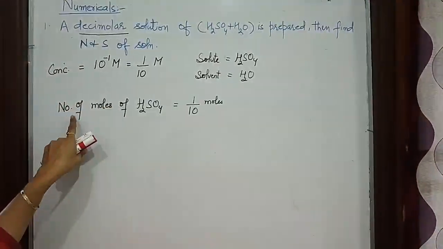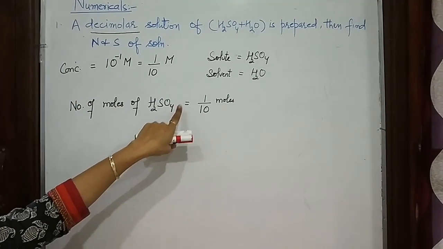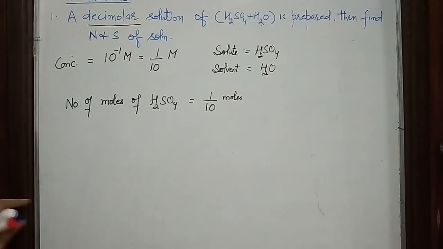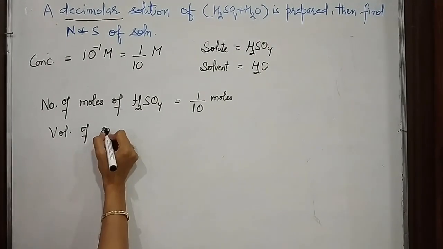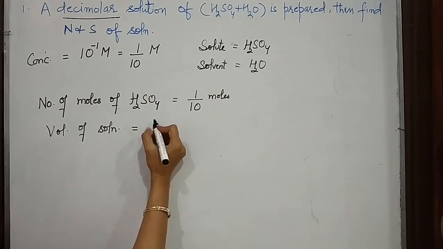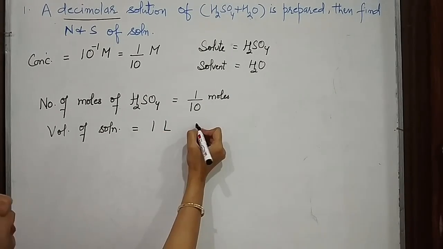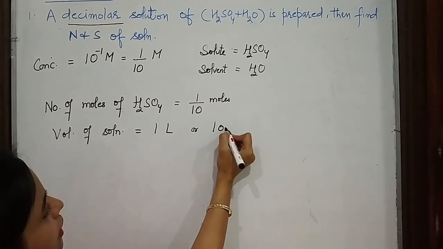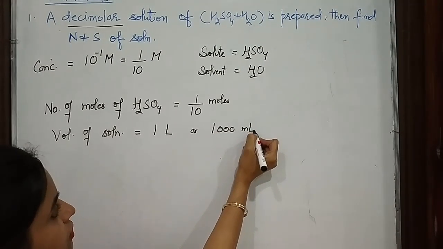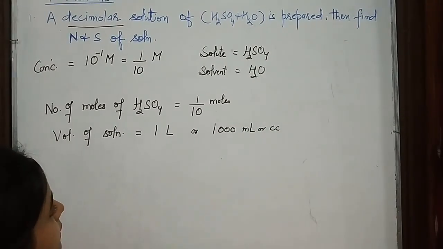So it means number of moles of H2SO4 is 1/10 and volume of solution is 1 liter, or you can write here 1000 milliliters or cc, cubic centimeter.